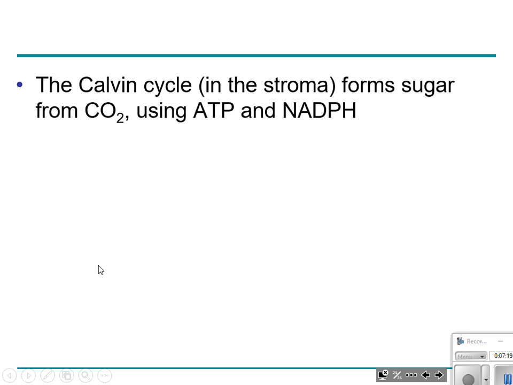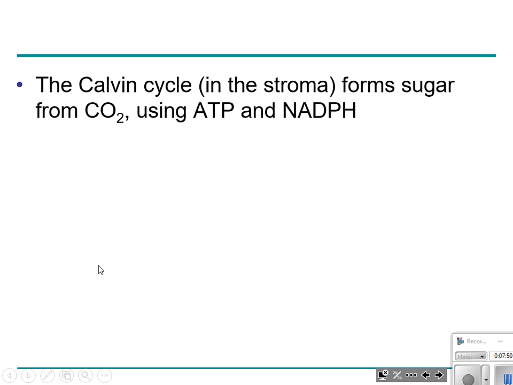The Calvin cycle, which is the name for the dark reaction, where does this occur? Where does the Calvin cycle occur, Olivia? In the stroma, right? It forms the sugar from carbon dioxide using ATP and NADPH. Now, we haven't talked about NADPH, have we?